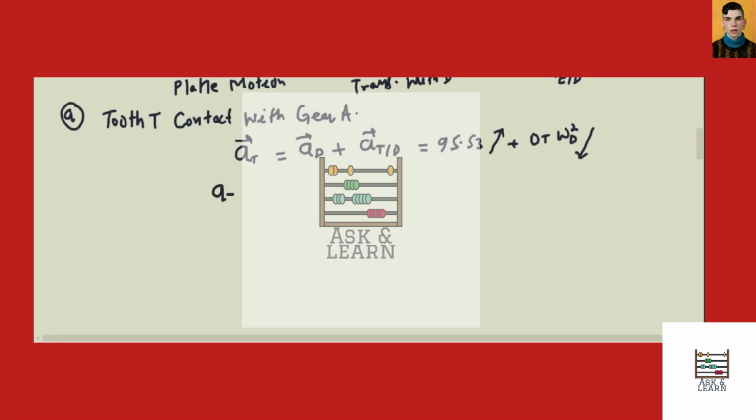So for the acceleration of tooth T in contact to gear A, this value we have already written. Here I have not written the unit inch per second square.